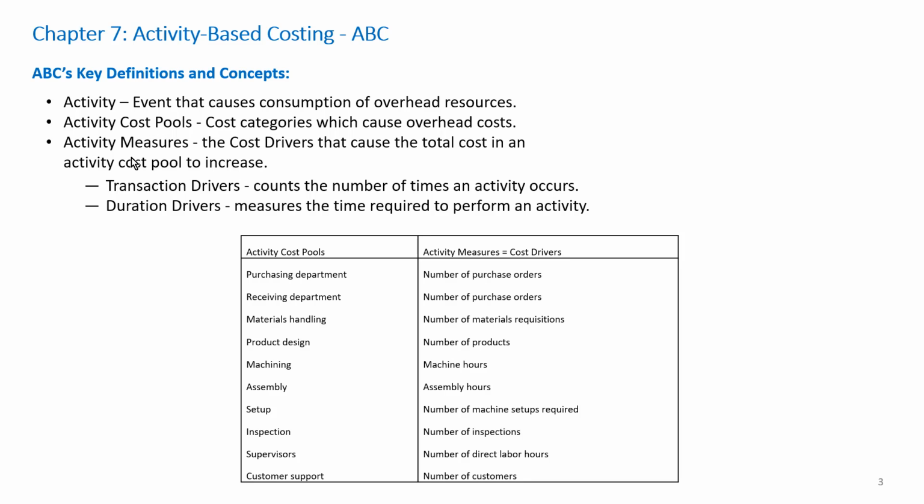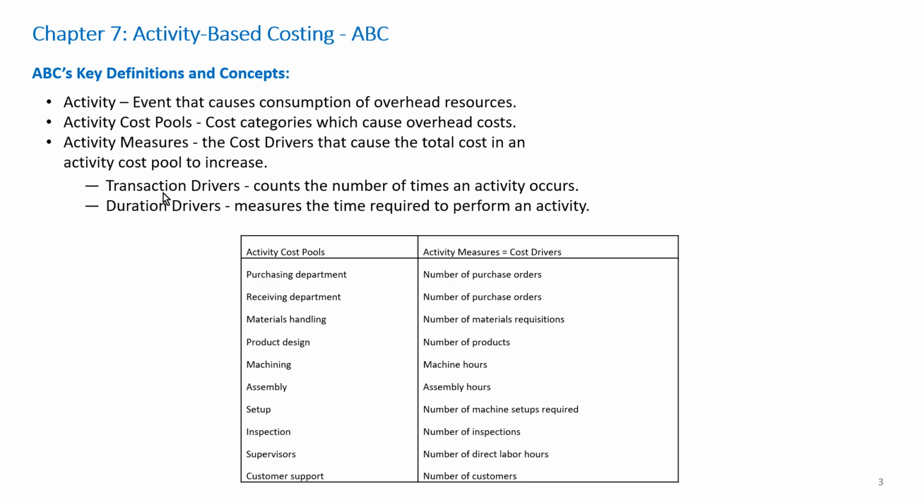An activity measure is an allocation base in an activity-based costing system. The term cost driver is also used to refer to an activity measure. As I said, the two most common types of activity measures are transaction drivers and duration drivers.